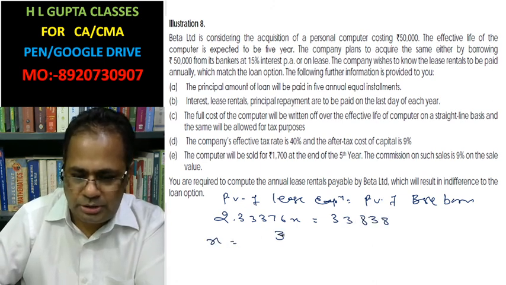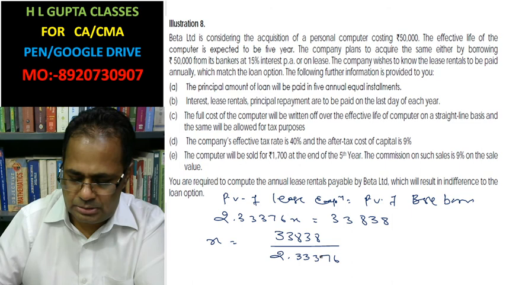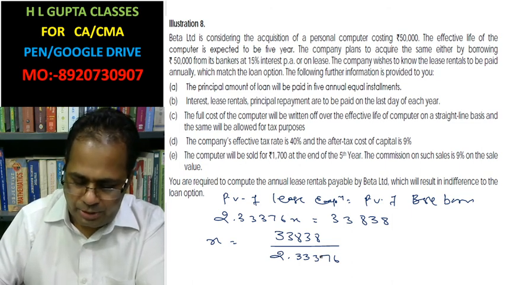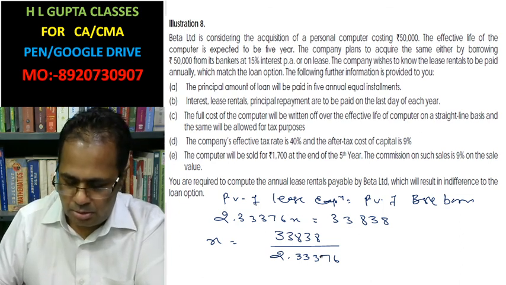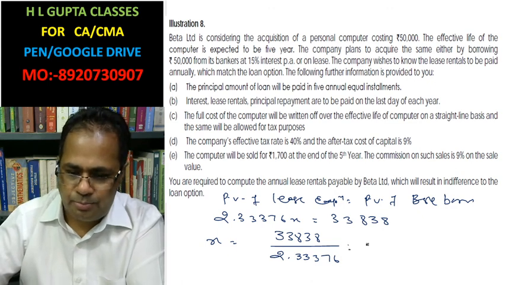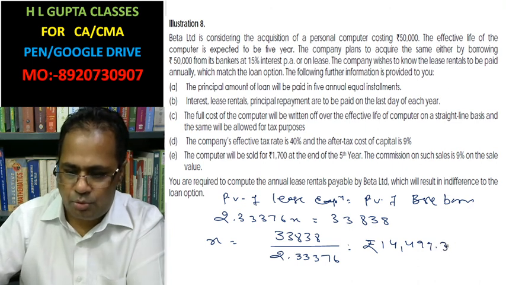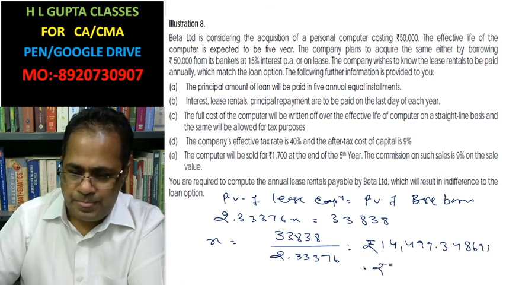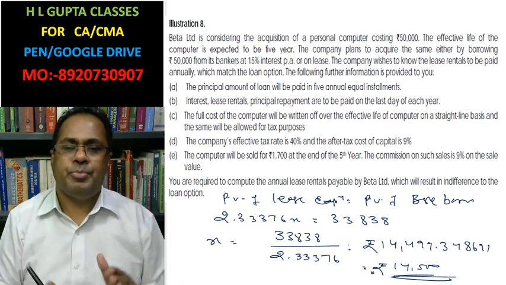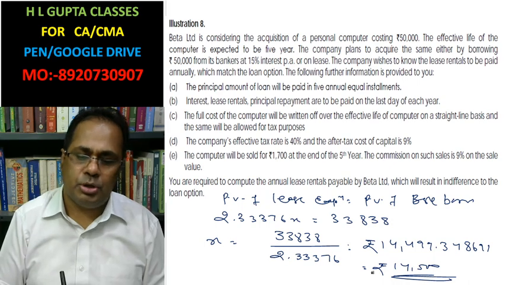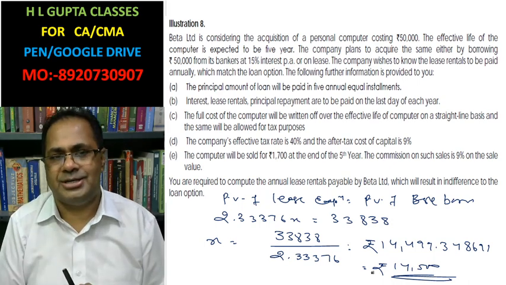X equals 33,838 divided by 2.33376, that is 14,499.35, about 14,500. This should be the annual lease charge, so that the present value of expenditure due to bank borrowing will be equal to the present value of expenditure due to lease rent.